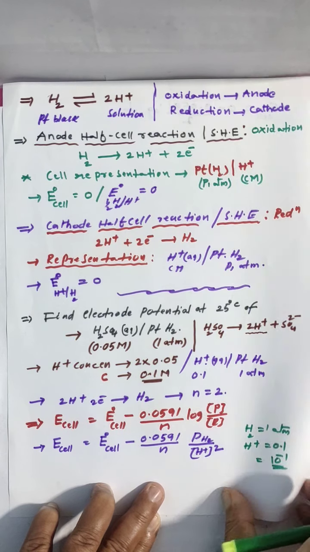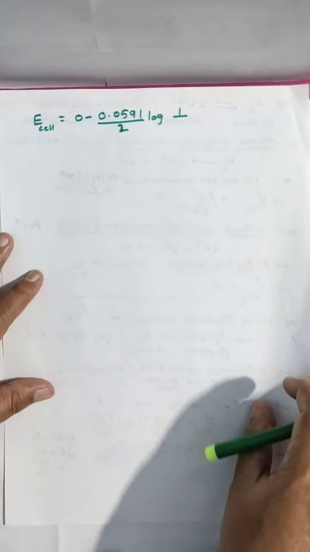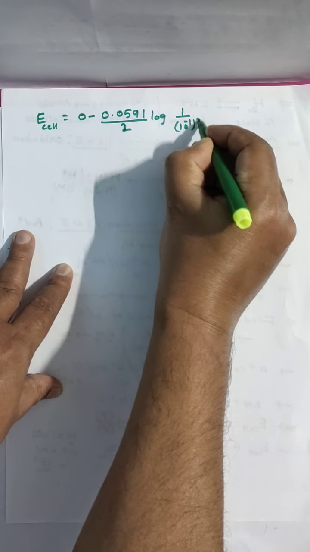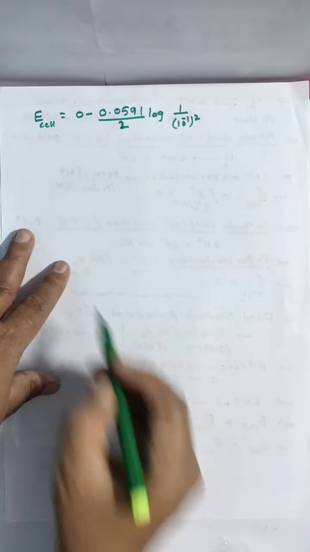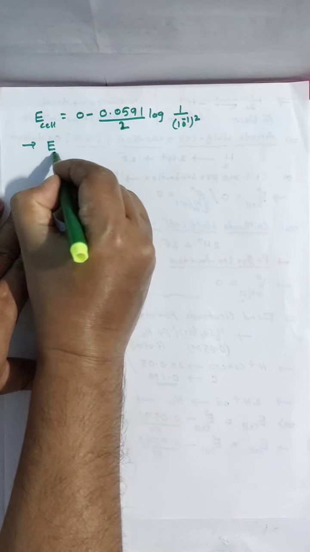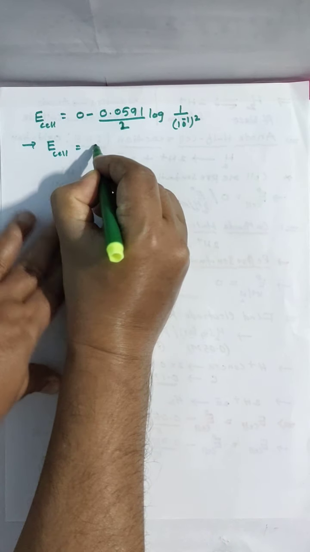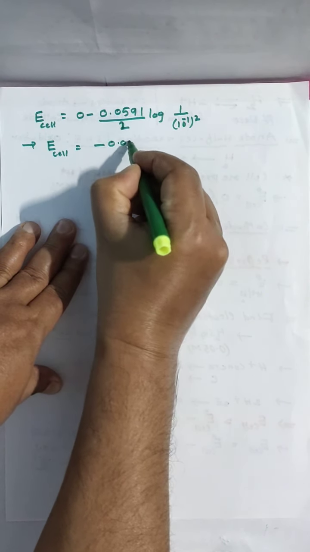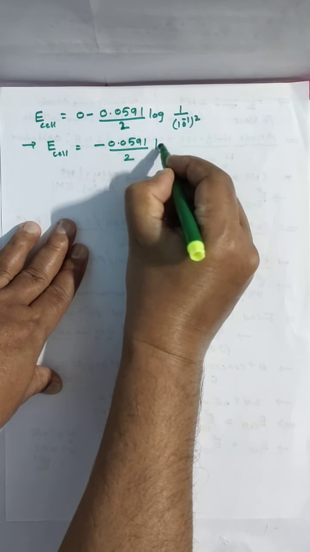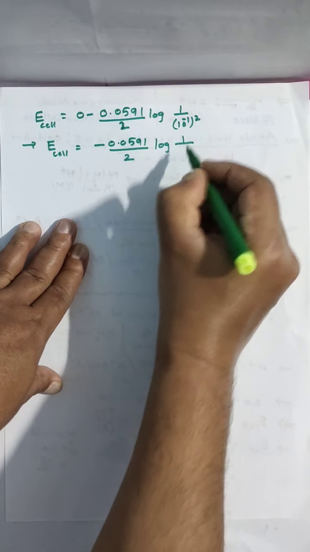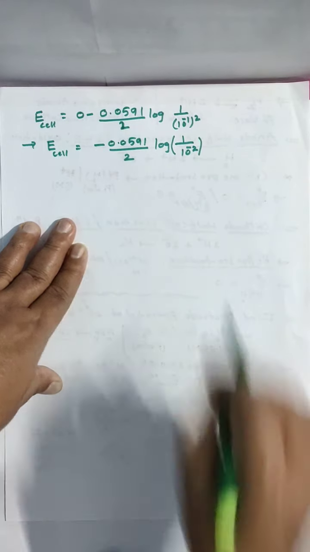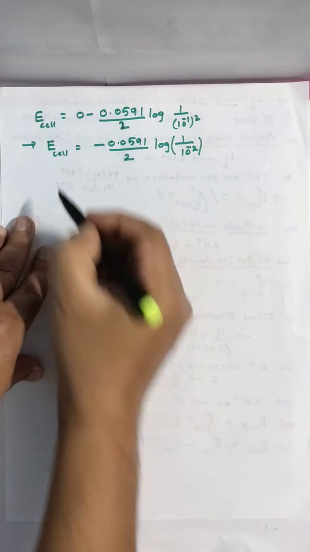So here we substitute 10 power minus 1 whole square. That implies E cell equals minus 0.0591 upon 2 log 1 by 10 power minus 2. Clear? And you simplify now.